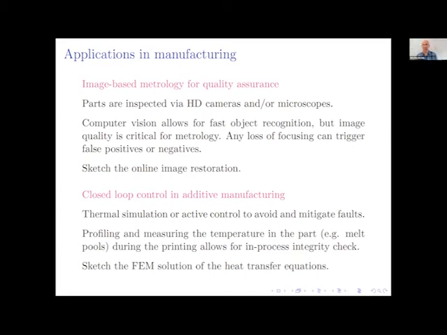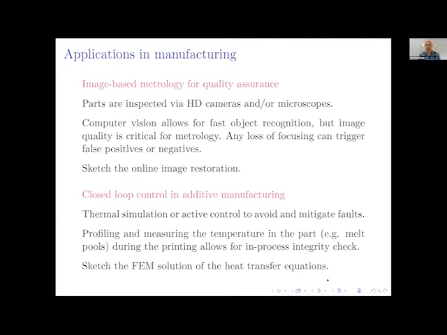They go through computer vision algorithms that do the business. You know, they measure them, they find their features, and if they're good enough, they let them go, otherwise they do something else. All this is good, but if there is a loss of focusing by these instruments, then the whole process collapses. So what they want to do is build in an online image restoration that will deblur and clear this image before metrology kicks in.